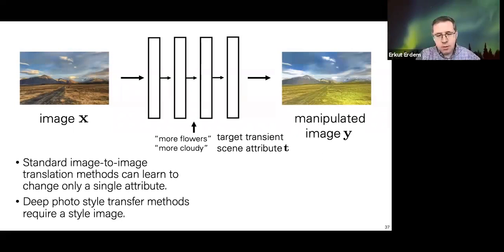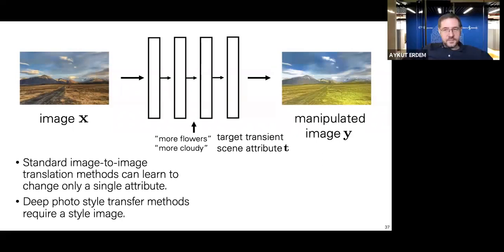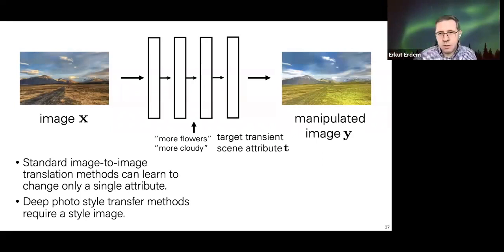Given a day image, they translate it into a night scene, or given an image during summer, they only perform a translation to winter. So in that sense, for both of those translations, you need to train two separate models.